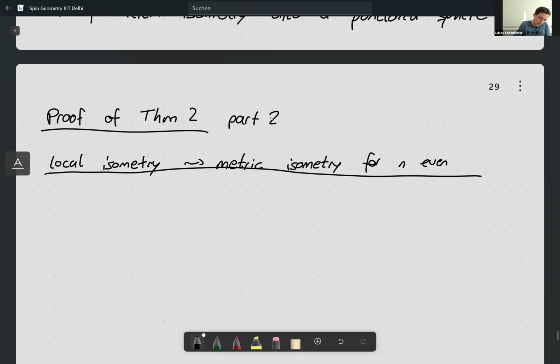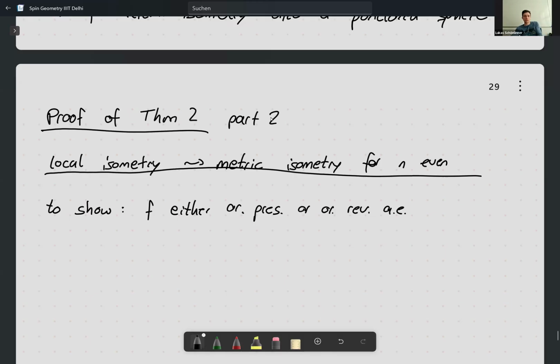There I said that at the point where we had that it's a local isometry almost everywhere, we have to show that F is either orientation preserving or orientation reversing almost everywhere. And then we use a black box which goes back to Schick.